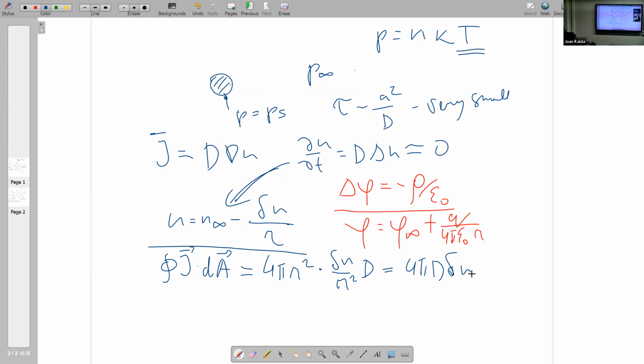And now let us introduce a droplet radius, R capital.